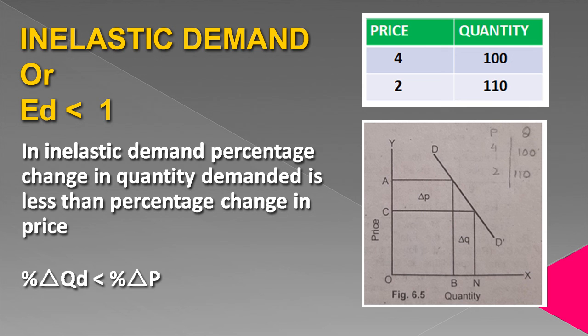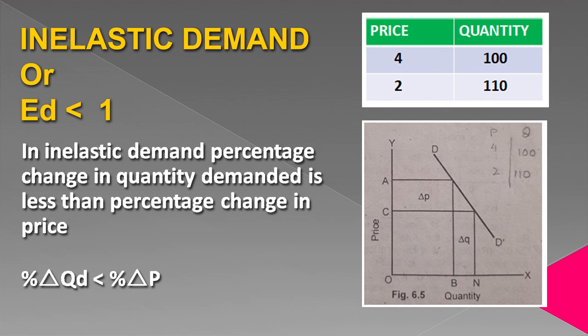Quantity demanded increases only to 1/10. This is an increase in demand, but it is less than 50%. So, when there occurs a change in demand less than change in price, that is known as inelastic demand or elasticity less than 1.